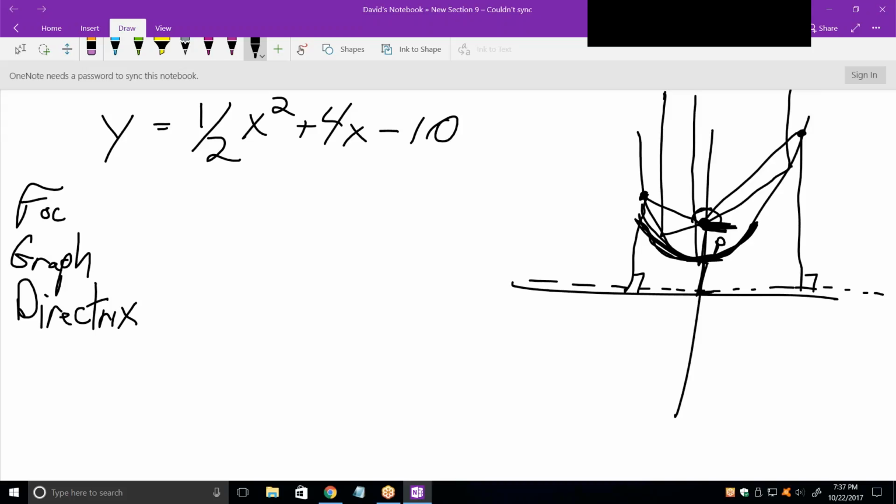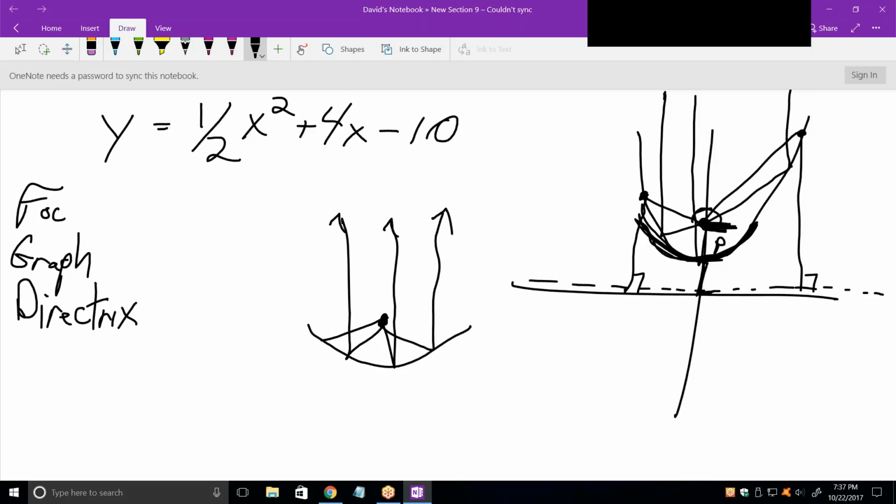So the focus is where all of the flashlights are made. If you're designing a flashlight, you build it in the shape of a parabola and put the light bulb there, and then all the light that comes off of it goes directly out in that direction, so that it focuses the rays.